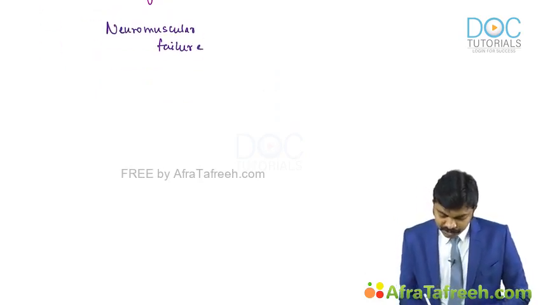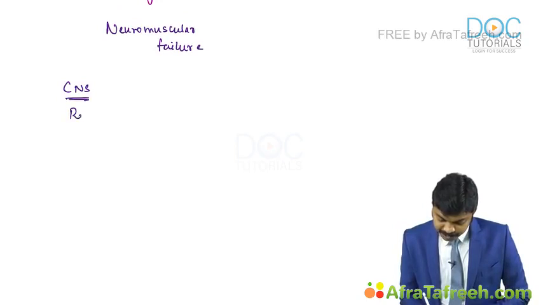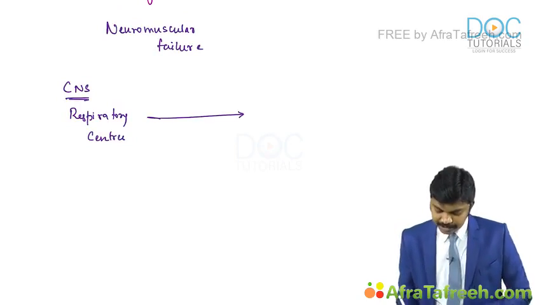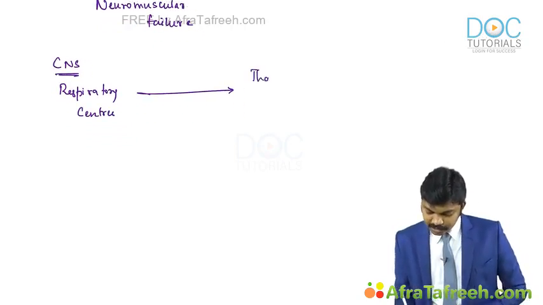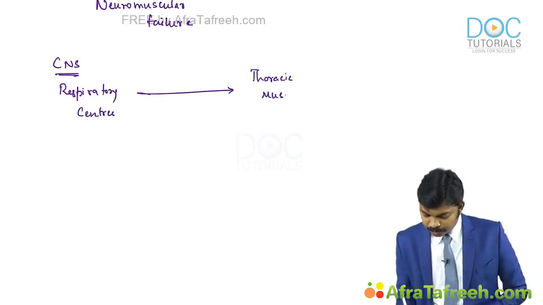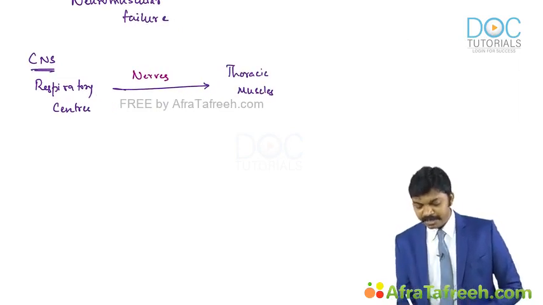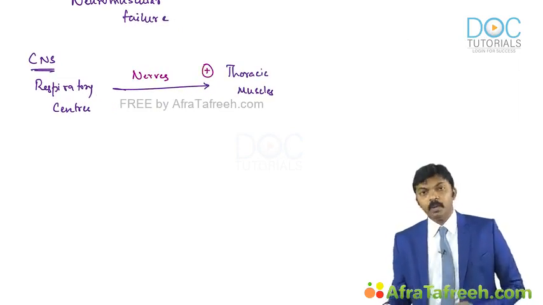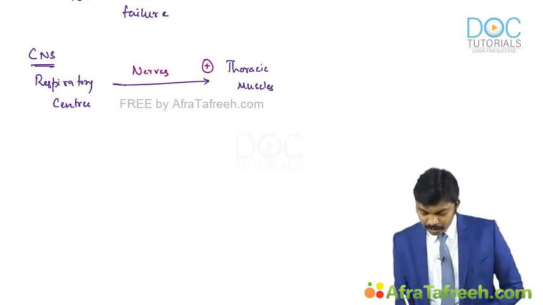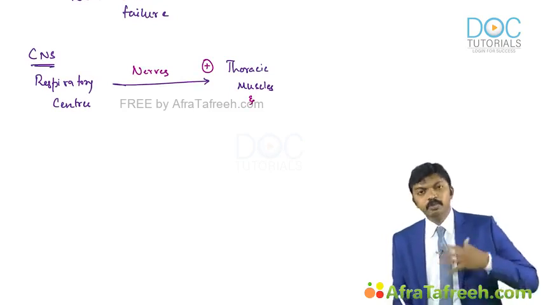See, we have the central nervous system, in the sense we have respiratory centers in the medulla oblongata. This respiratory center is going to excite thoracic muscles. This excitation happens by nerves, neurons. The respiratory center excites thoracic muscle. When thoracic muscles move, they move the ribs also.